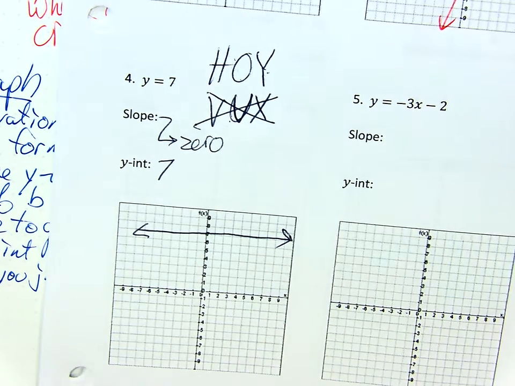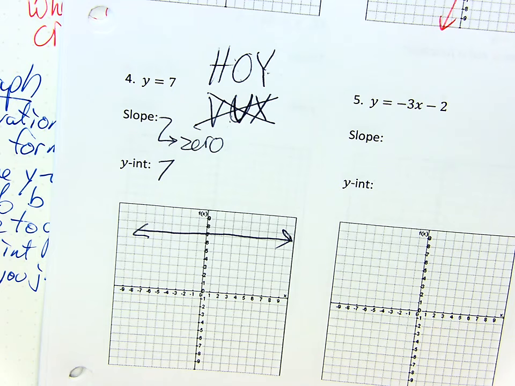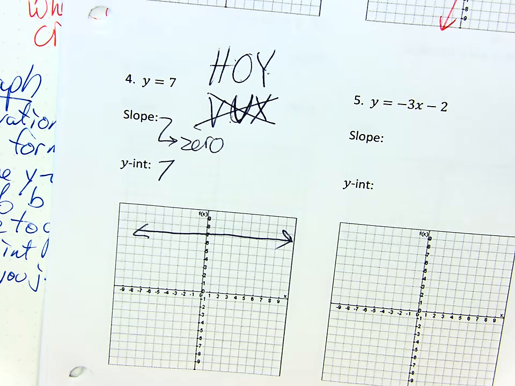At 7. So anytime you see x equals a number or y equals a number, just ding, ding, ding, that's a Hoivux, because that's not in slope-intercept form. You would just do a horizontal or vertical line. Okay? I want you to jump to 6.